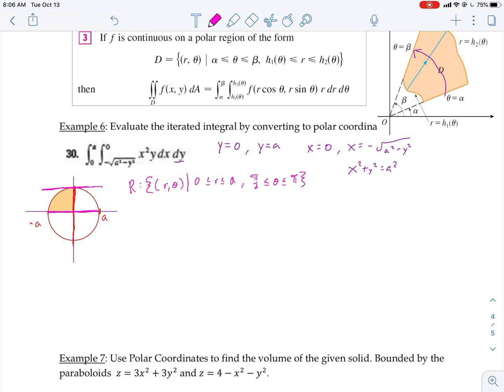And now we can go ahead and plug this into our double integral. Again, theta is on the outside, pi over 2 to pi, and then our r is on the inside, 0 to a.